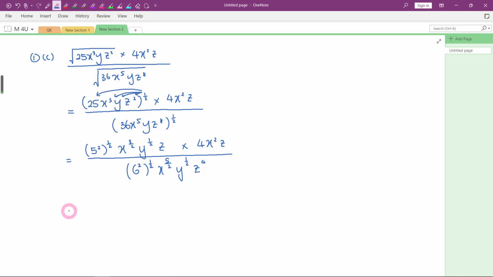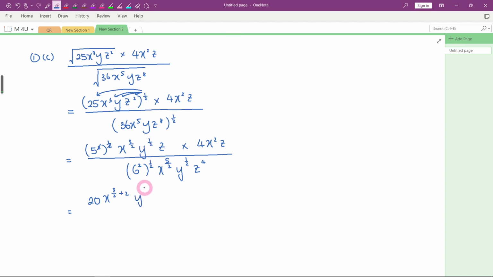Okay, now, if you simplify this way, you get 5 times 4, you get 20. X, 3 over 2 plus 2, because this is multiply, we add up their power. 3 over 2 plus 2. So you can show it here. If you don't want to, you can just press the calculator, then write the value here, which is equal to 7 over 2.